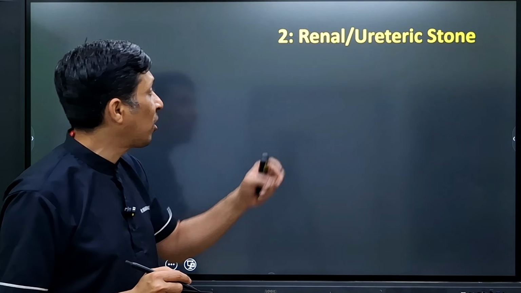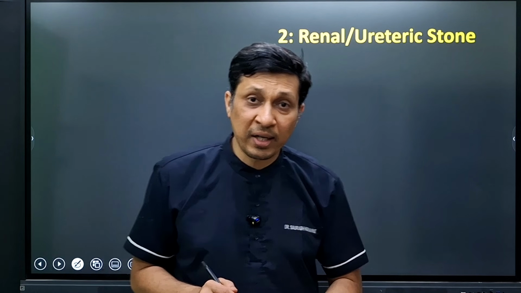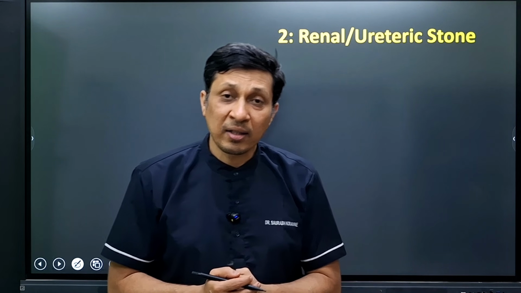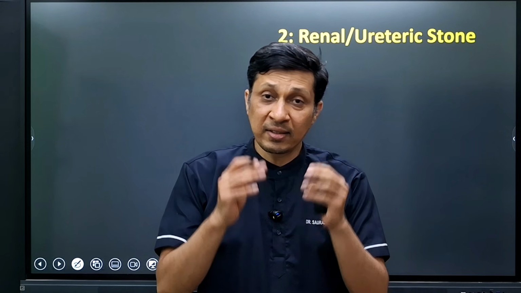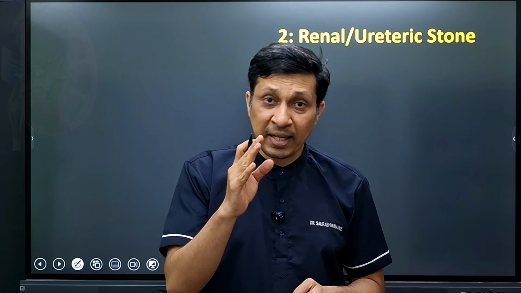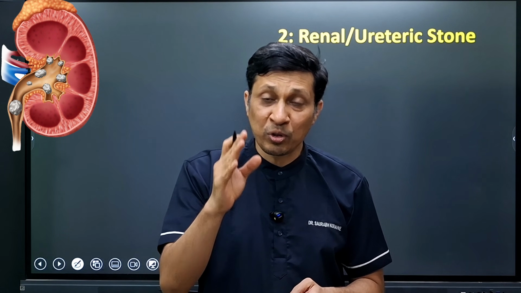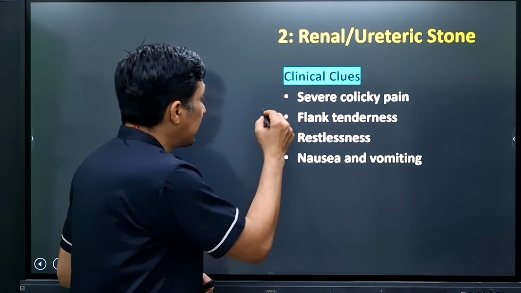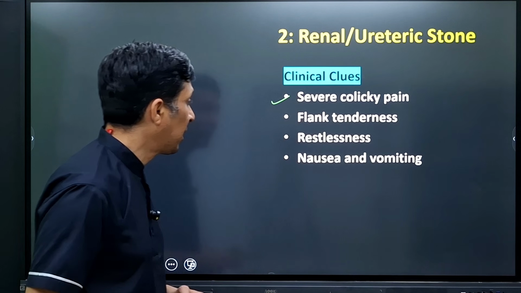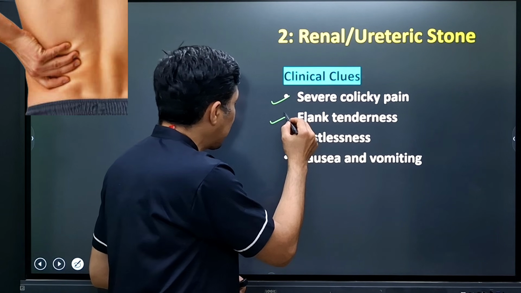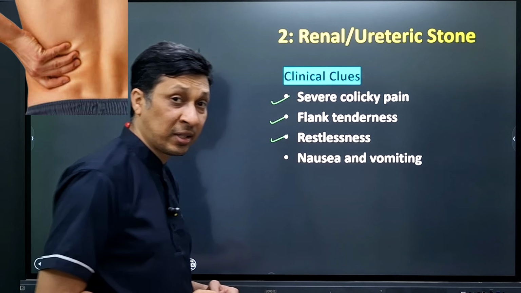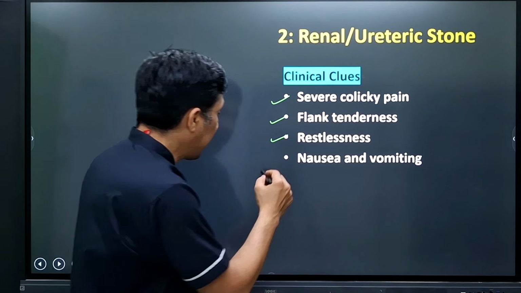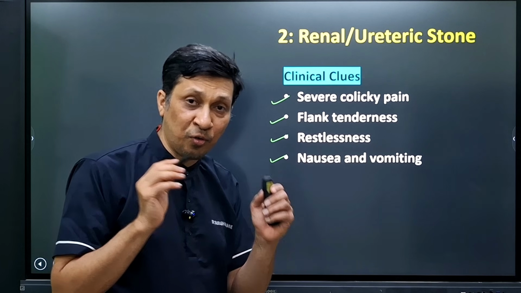Now the second cause is renal or ureteric stone. Now here the cause of hematuria is that the stone irritates the renal or the mucosa of the ureter. And here the clues are severe colicky pain. There is flank tenderness, the patient becomes restless during the pain or the renal colic, and there is also nausea and vomiting.